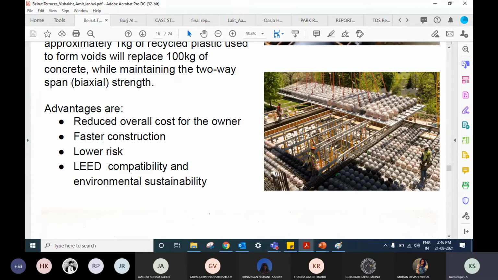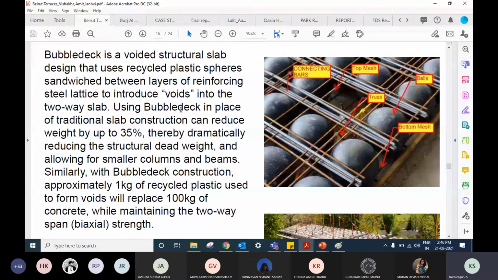They are putting some plastic bubbles or voids artificially, so that only the rest of the space is occupied by concrete. Basically, they're reducing the weight of the entire slab, and it could reduce by about 35%.